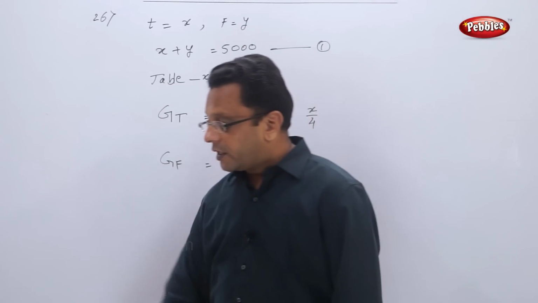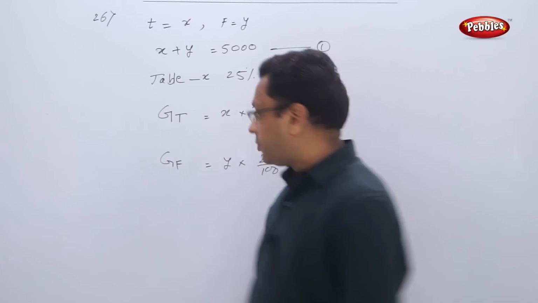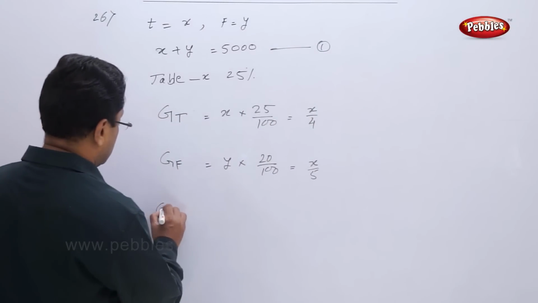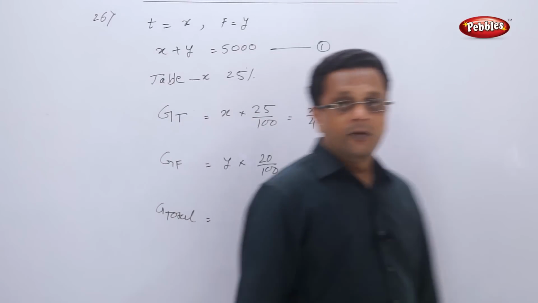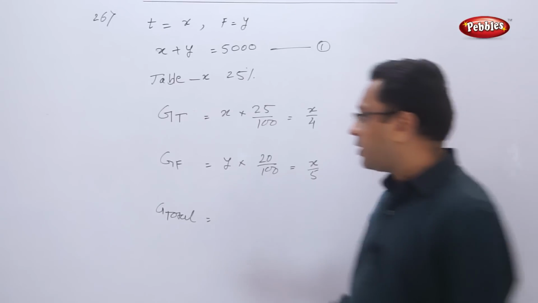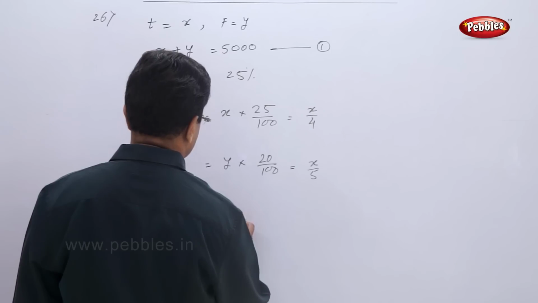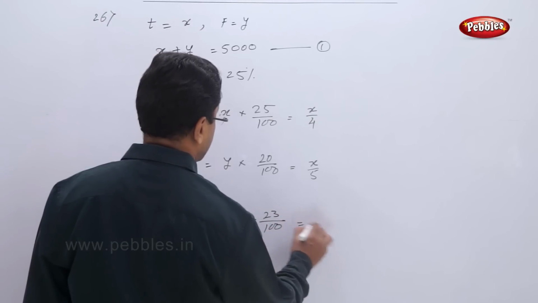But the total gain he got on the whole is 23%. So what is the total gain? He bought for 5,000 rupees, so 5,000 into 23 upon 100.